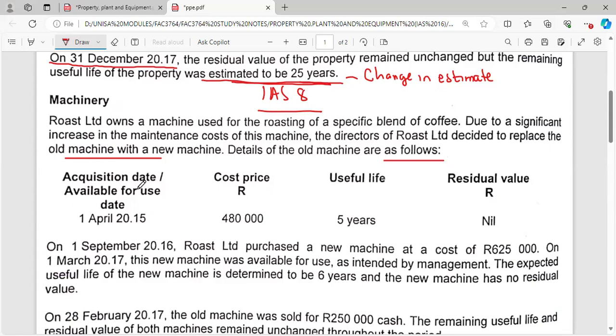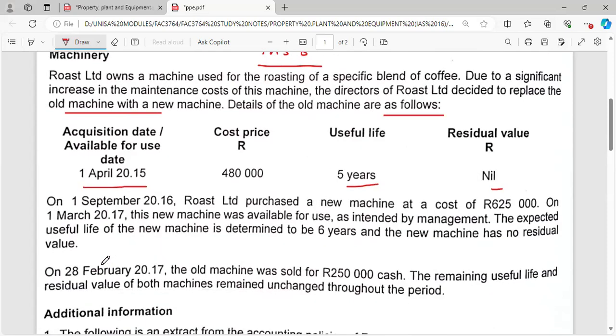Acquisition date, available for use date, so which means this is the available for use date for the old machine, the cost price of the old machine, the useful life of the old machine, and there is no residual value. So we have our cost and our useful life and our available for use date.